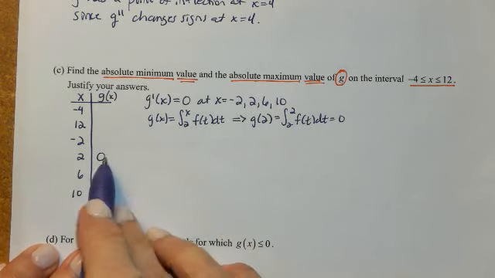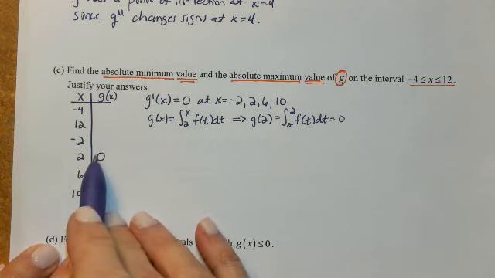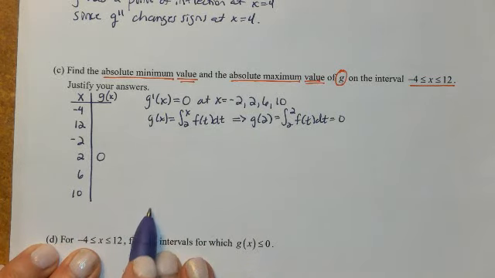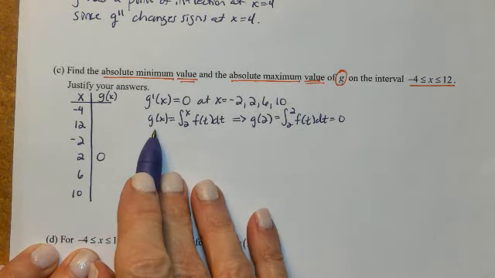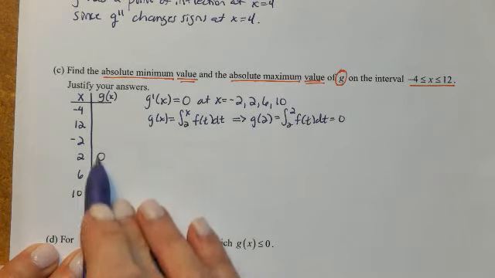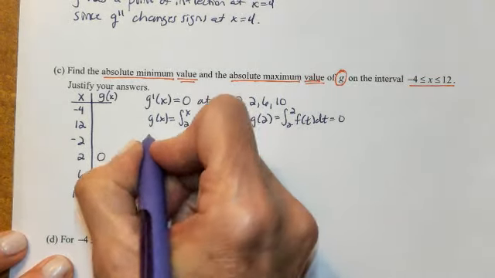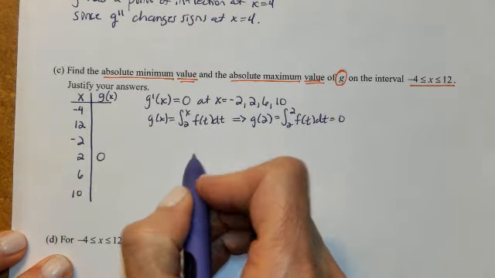Now I can use that as my initial value, and I can then set up the fundamental theorem of calculus several times to find these remaining values. And that is exactly what I'm going to do. So I'm going to begin by finding g at -4.